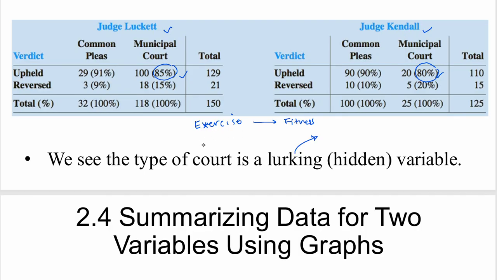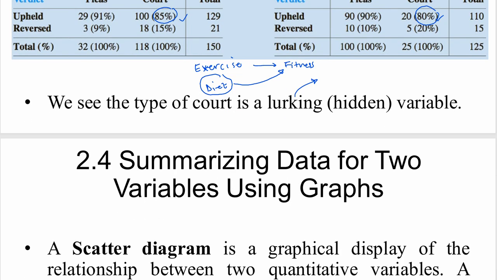But diet could be a lurking variable. It's not part of our research, but it can actually influence the fitness level of a person. So if every day I'm exercising but my diet is not good, the diet could definitely affect my fitness level, and therefore diet could be a lurking or hidden variable.